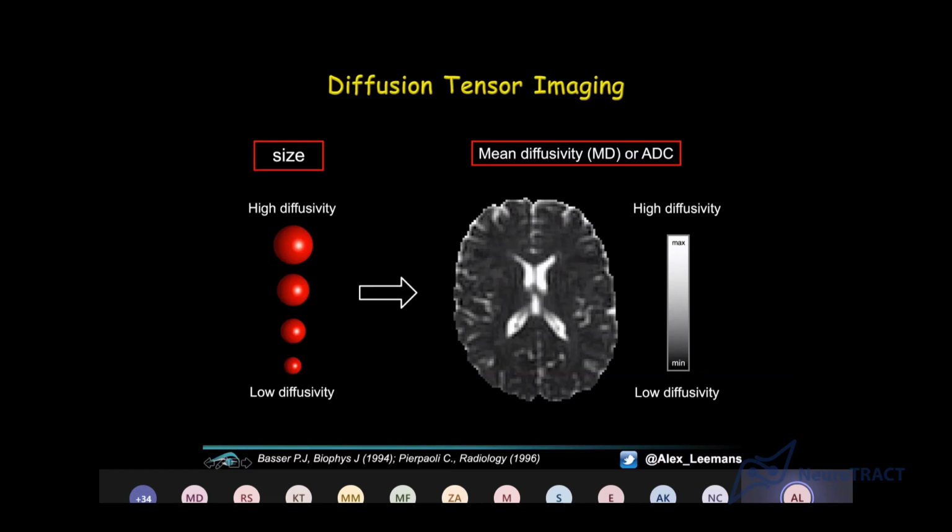And obviously in the ventricles and CSF areas, there's no barriers, so the diffusivity will be high. And if it's low, think of hindered diffusion or even restricted diffusion. These molecules cannot spread further or have difficulties to continue because of tissue, and there will be a low diffusion amount. All right.